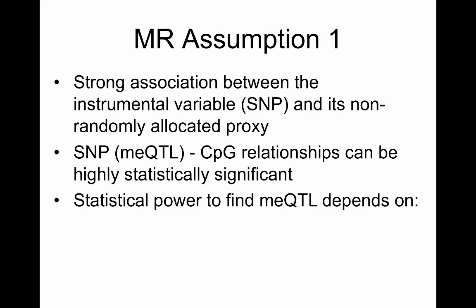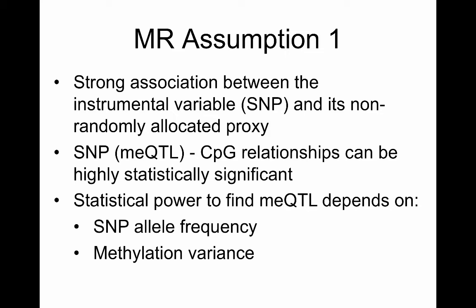Some mQTL are easier to find than others, and your statistical power to do so may depend on different things: SNP allele frequency, the variability in the methylation status of your locus. That could differ across stages of development or tissue types, and linkage disequilibrium structure, which is sometimes different across ancestry groups.